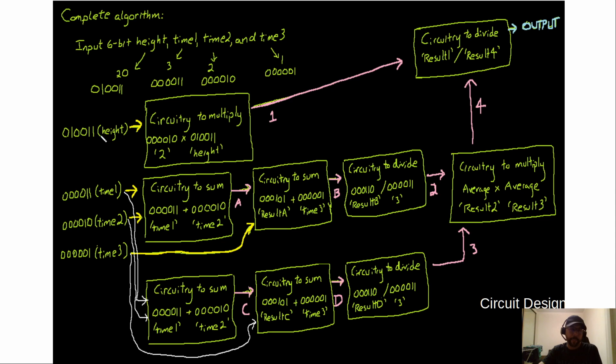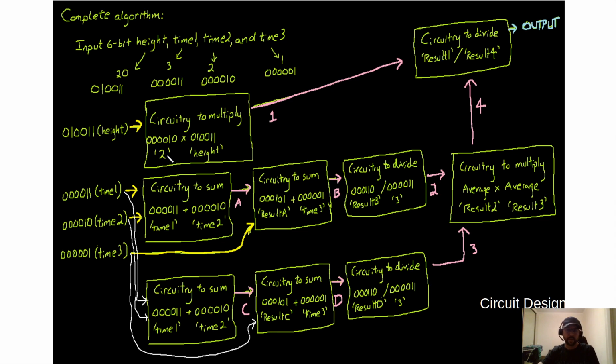And basically here's all of the parts and pieces that you would need, and how they're wired together. So on the left hand side, as I said, here's our inputs. We input this height value into a circuit that multiplies these two binary numbers together. The one being the height value, which is the binary for 20, and the other being the binary for 2.